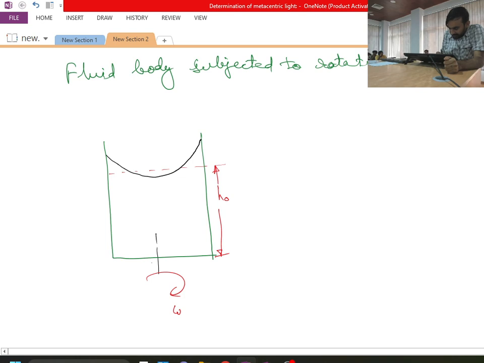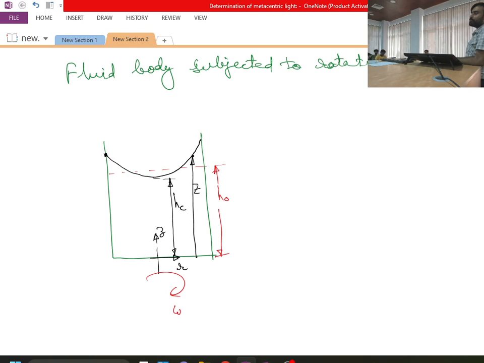Let me consider that this coordinate is r and this coordinate is z. After we have given it constant angular velocity, the lowest height at the center point is hc. And at any arbitrary point, the height with reference to the origin is z.